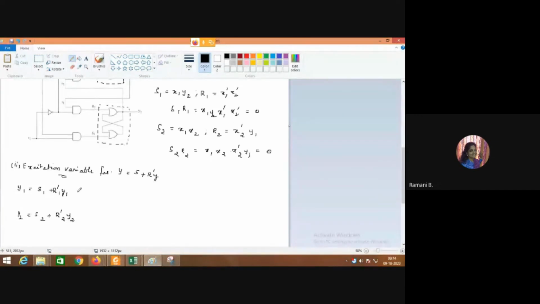Substituting the values, we had S1 equal to x1y2 and R1 is x̄1 x̄2, so R̄1 is the whole bar, and we have y1. Applying De Morgan's theorem, we will have x1 + x2.